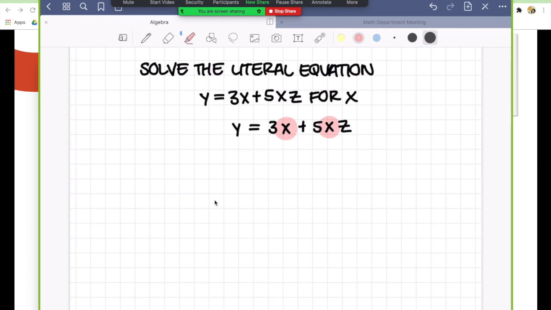Now, this one's a little different because I see that there are two x's, and I just want to combine them together to have only one x instead of two. The way that I can do that is by factoring. If you remember, let's do a little review.